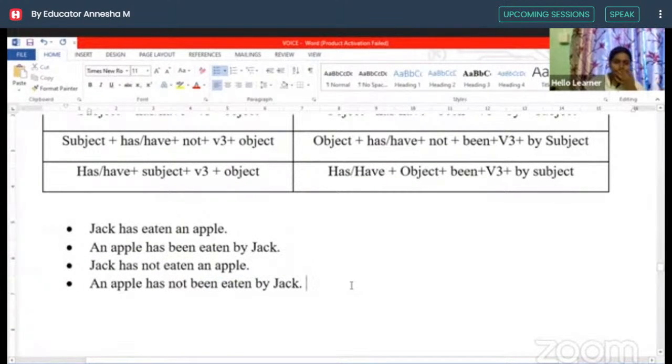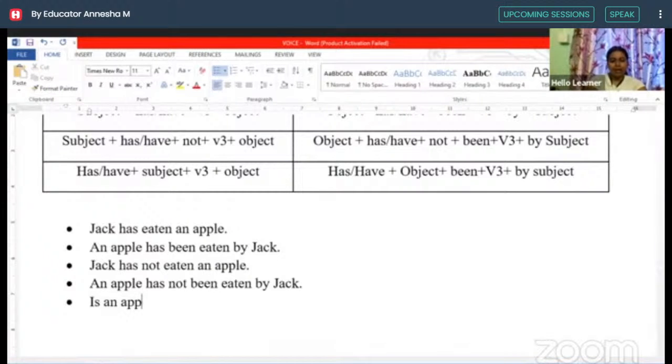And the last one here is a question, interrogative. Has Jack eaten an apple? Absolutely correct. So what will be the passive then?